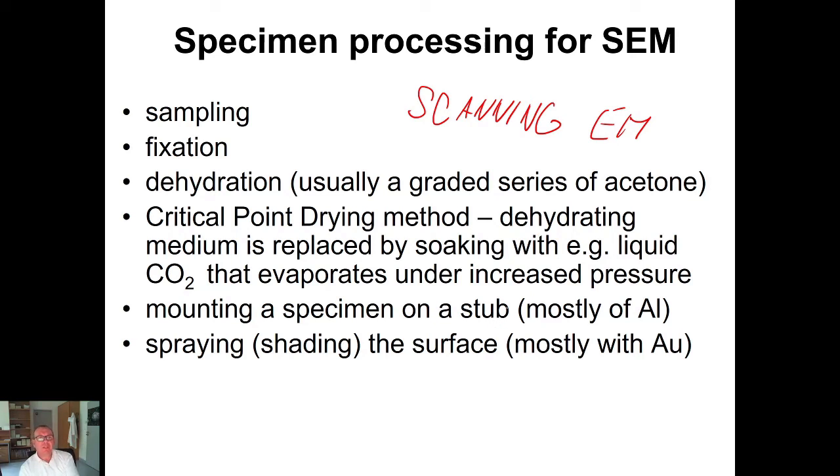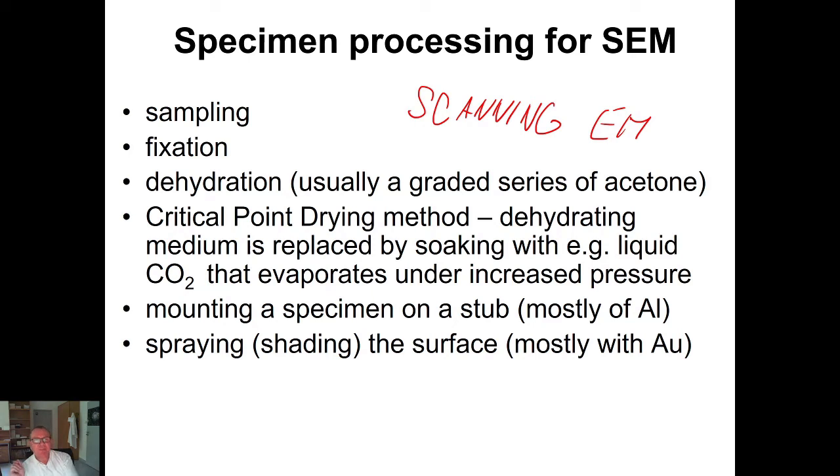The beam of electrons is only moving along the surface of a specimen, and these electrons are reflecting, or they are creating so-called secondary electrons from the surface, which are detected, and we can see a three-dimensional picture of the surface of our specimen. So we don't need a thin section.